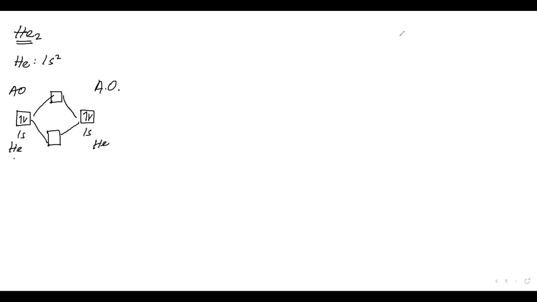Okay, now how many total electrons? 4 electrons. Start from here: 1, 2, 3, 4. Now this is sigma 1s, and this is sigma star 1s.